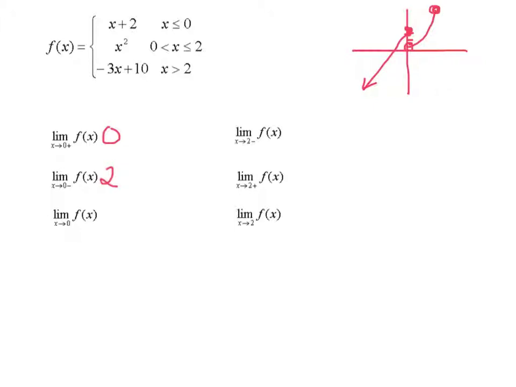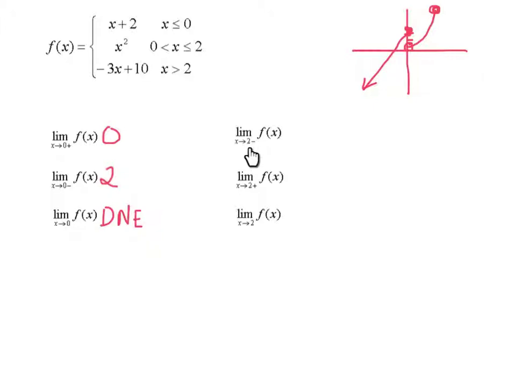Finally, the limit as x approaches 0, well, this is where we say, from the positive side it was 0, from the negative side it was 2. So the limit there does not exist, because for the limit to exist, they would have to be the same, the positive side and the negative side.